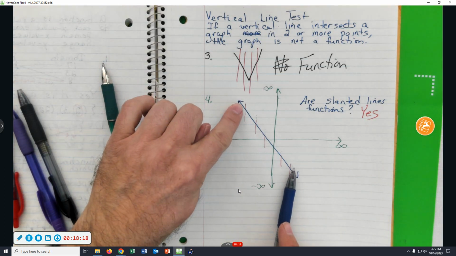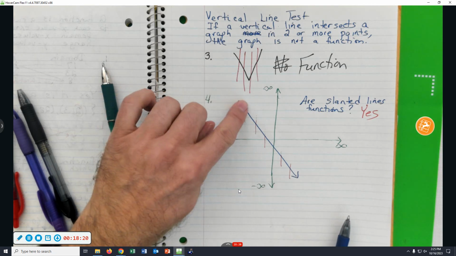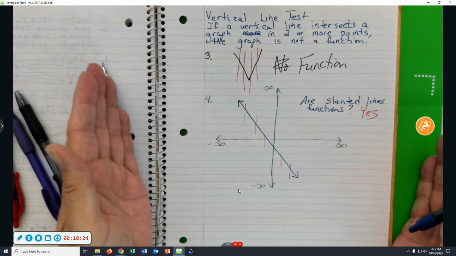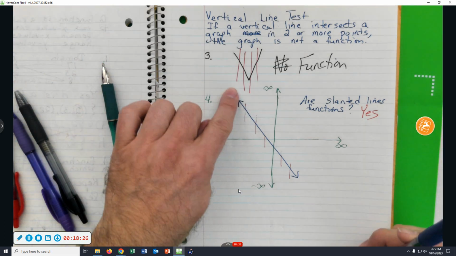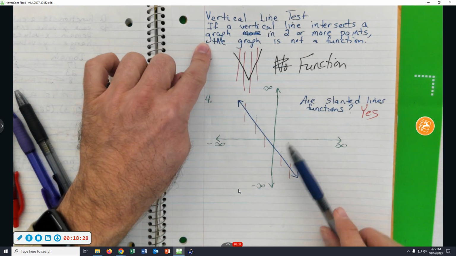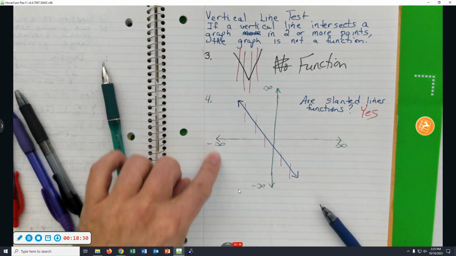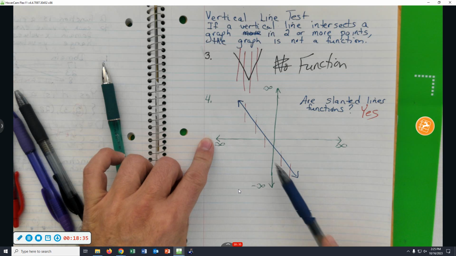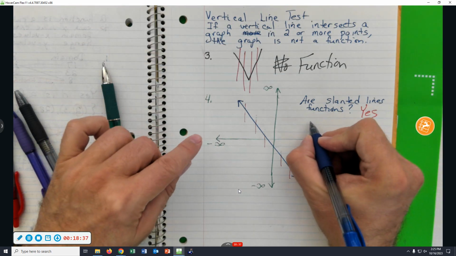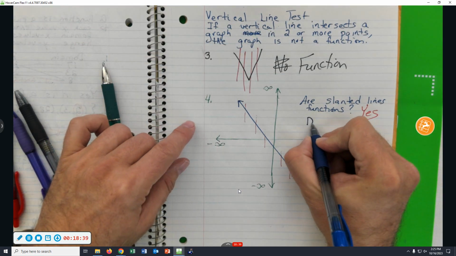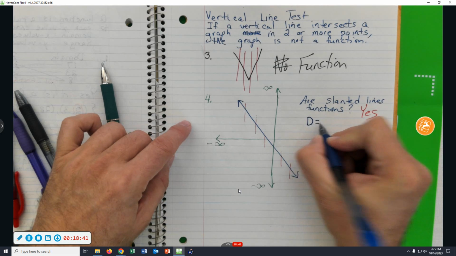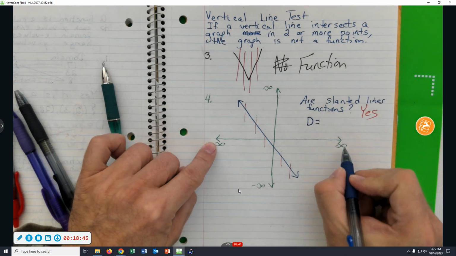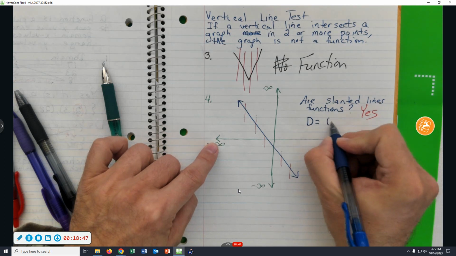If I continue drawing this line out, it's going to keep going left and right forever. Y'all agree with that? So it'll span negative infinity to positive infinity. Anytime this semester you're told to write the domain of a slanted line, you're going to have one answer: negative infinity to positive infinity.